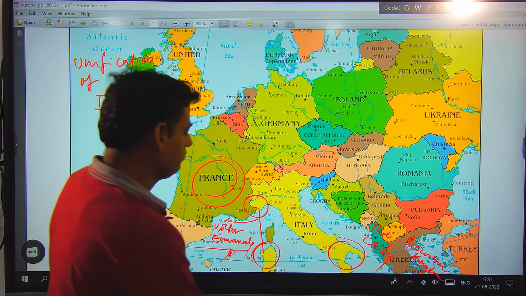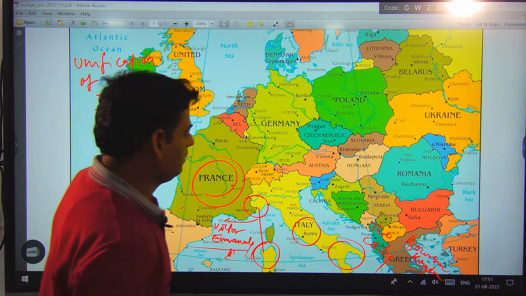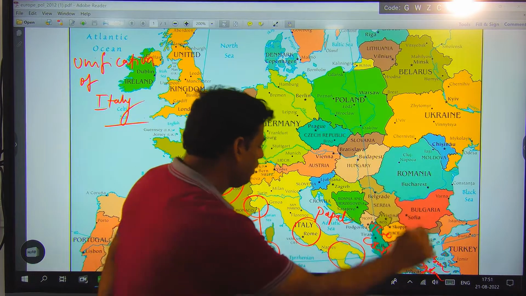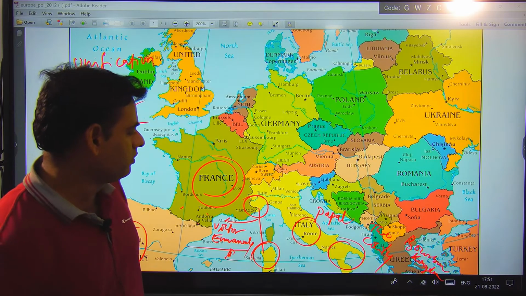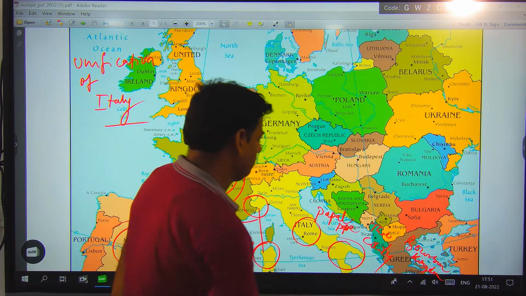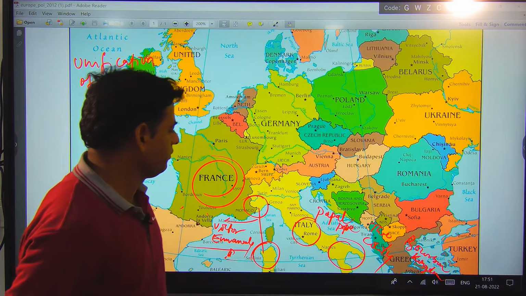Then comes another kingdom, that is the Papal state. You know, Papal means Pope. The Pope rules this kingdom, and Rome was the capital city, a very famous city.